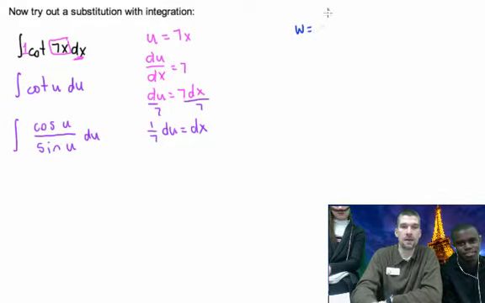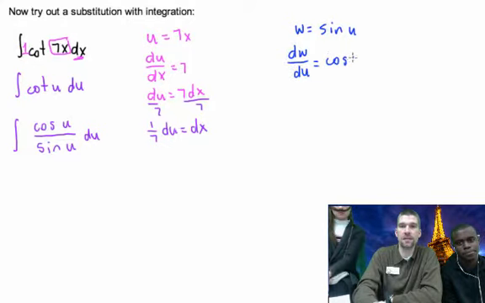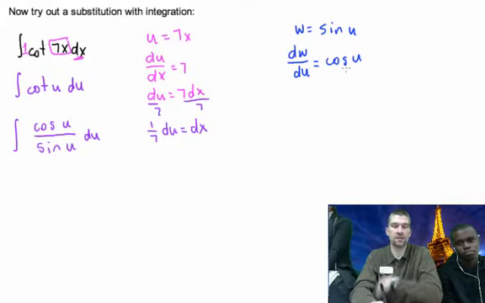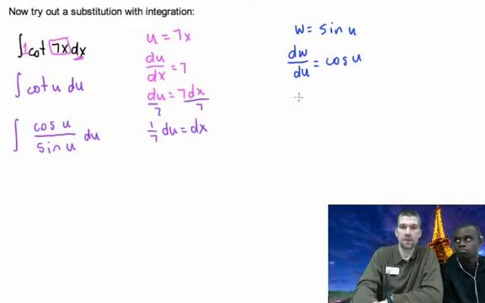Let w equal sine u. The reason is that the derivative of that is the cosine. Anytime you make a substitution, you want something that derives to the other piece. So dw is equal to cosine u du.